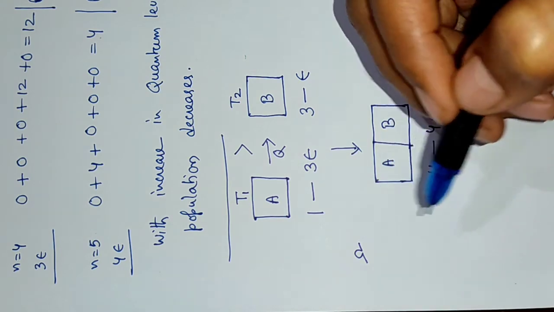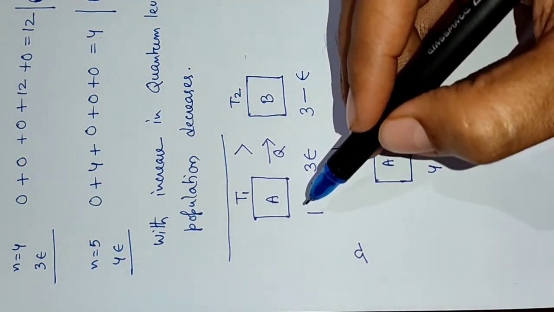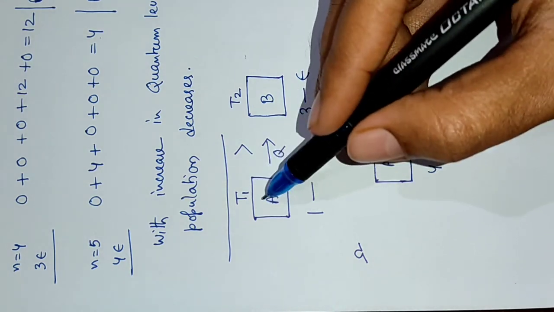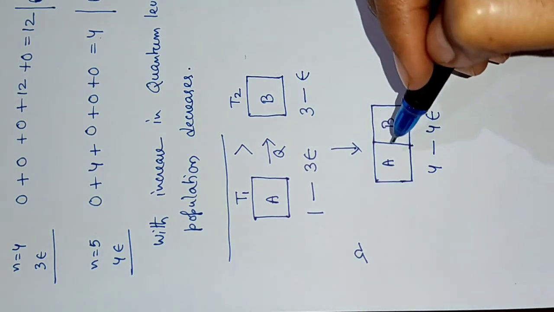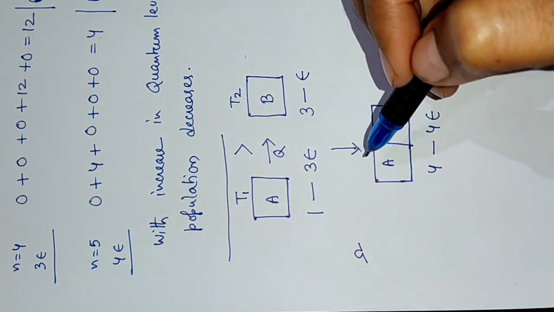So you have to prove that in the combined system, the particle enjoying the states is decreasing. The probability is decreasing.